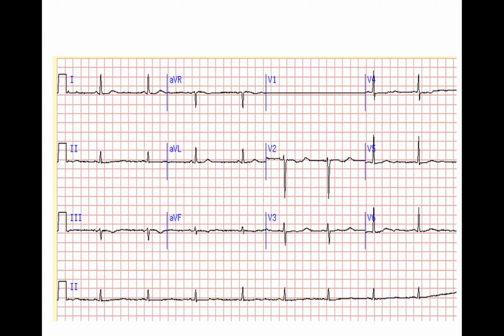Sinus rhythm. The axis looks normal. Looks like some bradycardia. Like the QT.